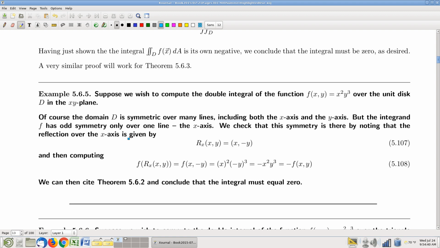Let me put this in the right order. You've got to pick your axis. You've got to pick your line. Over what line are you going to apply a symmetry argument? That's the first thing. Give me the line. You've got to state that the domain is symmetric over that line, and you must be correct about that.